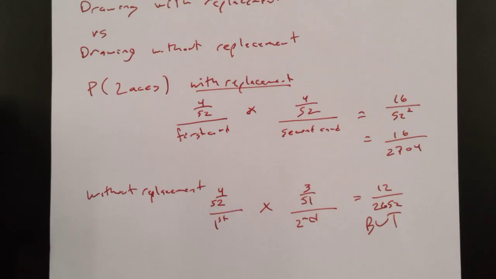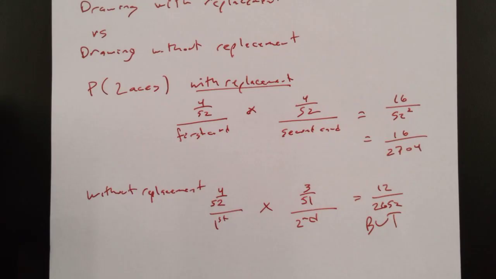What do I need to do here? To account for those equivalent options, what do I need to do? I need to divide. I need to divide by the number of ways I could rearrange my cards.